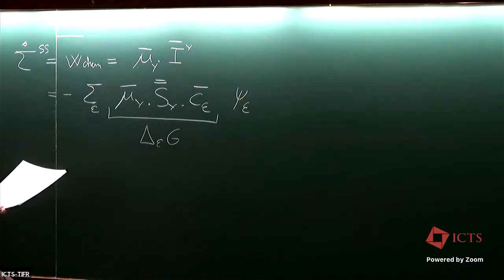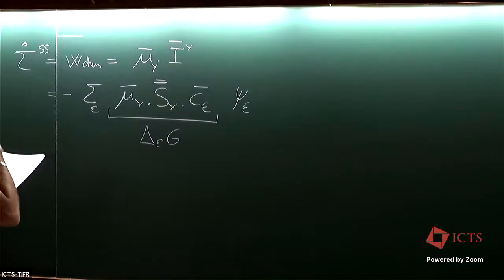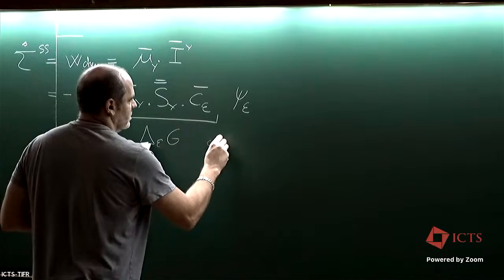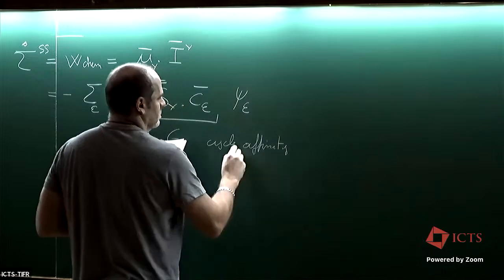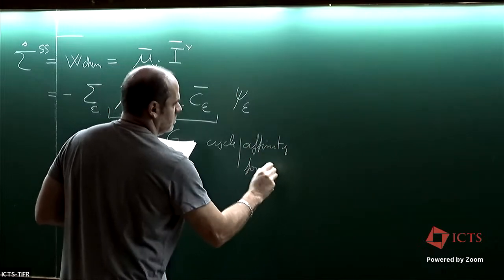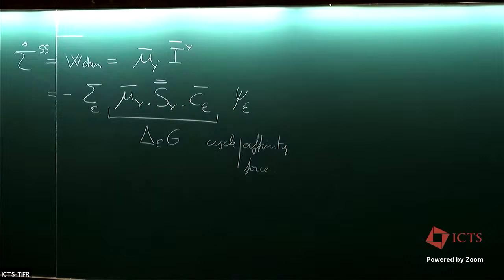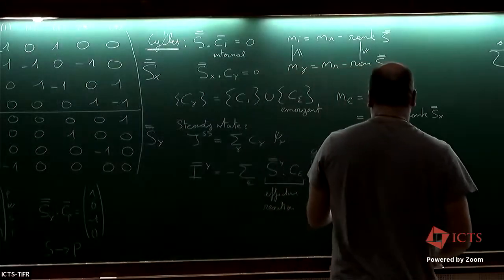This is sometimes called cycle affinity or cycle force. And it is very important for understanding the meaning of energy transduction. And I will show you this on the example, because now if we calculate for our example delta G of the first emergent cycle W, we're going to get the difference of chemical potential between reactant and product.